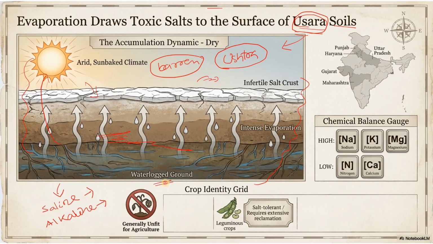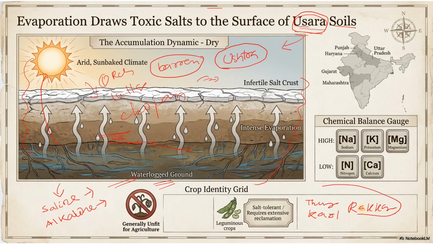And they locally have various names across India. One is called Reh, and then Kalar, and then Chopan, and also the name Thur. Also in some places it is called Kal, and also Rakar.